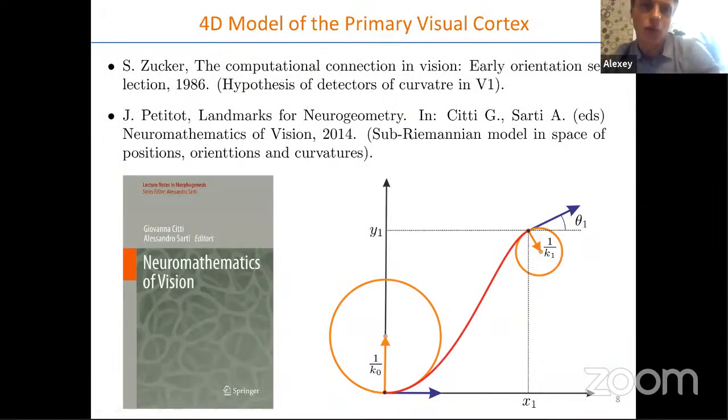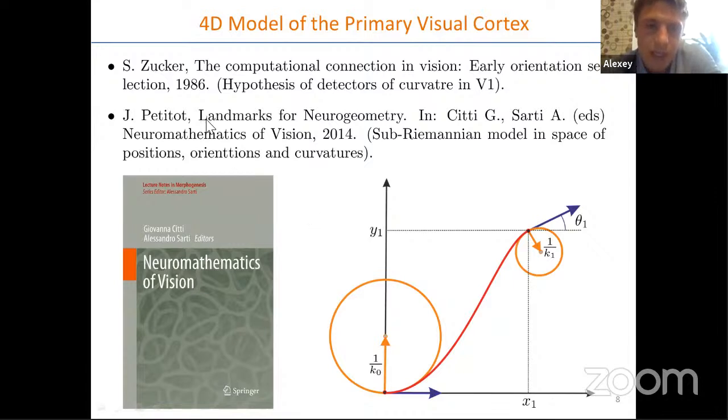And now I move to the topic of the talk, the four-dimensional model of the primary visual cortex. Some vision specialists, such as Steven Zucker, put forward experimental data that not only detectors of orientation are present in the visual cortex, but also detectors of curvature.